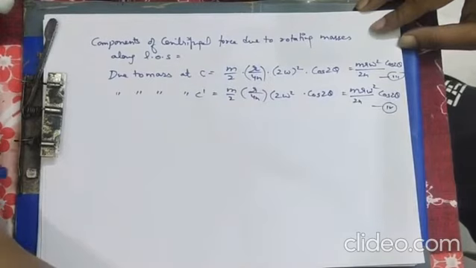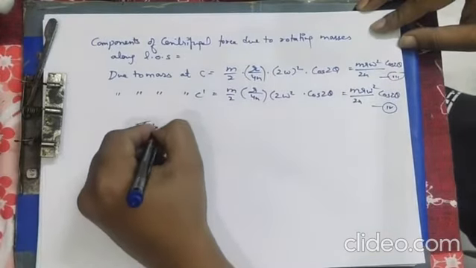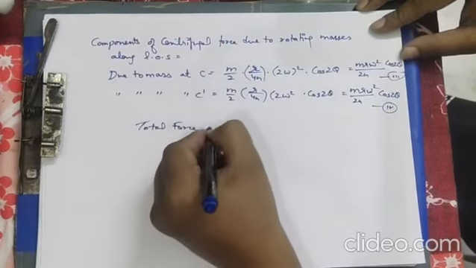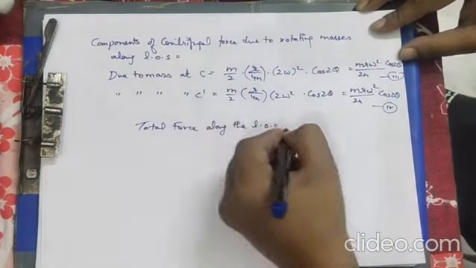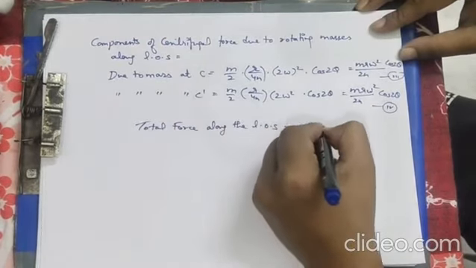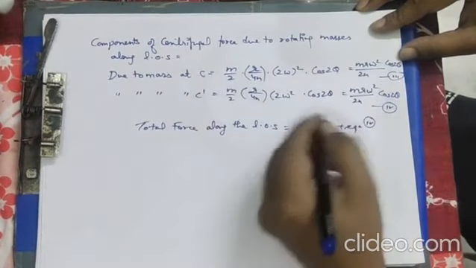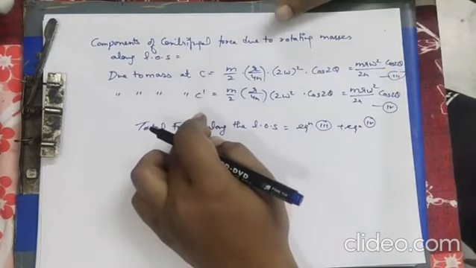Now the total force along the line of stroke will be equal to equation 3 plus equation 4, that is due to the direct crank C and due to the reverse crank C dash.